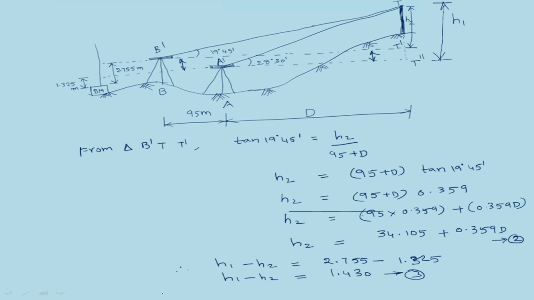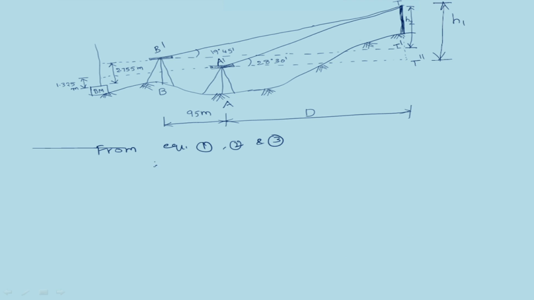From 1, 2 and 3 you can write H1 is equal to 0.542D, minus H2, which is 34.105 plus 0.359D, is equal to 1.430.